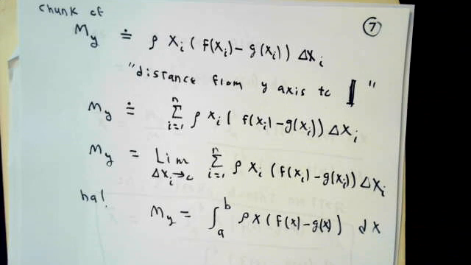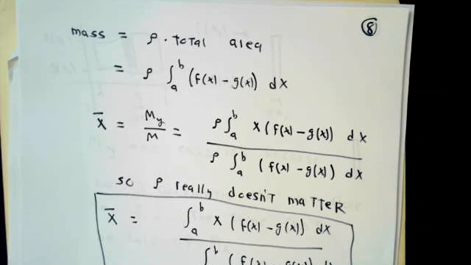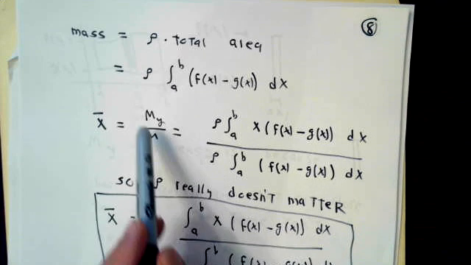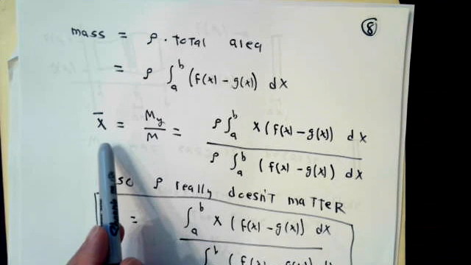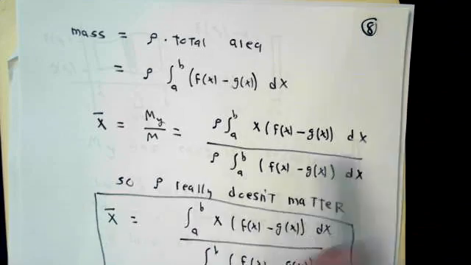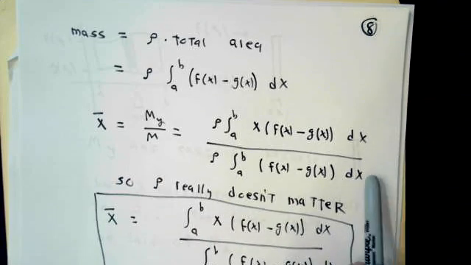Since we already know the mass, this means we can go ahead and calculate the x-coordinate of the center of mass. The mass of the region is the mass density times the area of the region, which we know how to do. We've figured out the moment about the y-axis, so x bar, the x-coordinate of the center of mass, is given by the moment about the y-axis divided by the total mass.